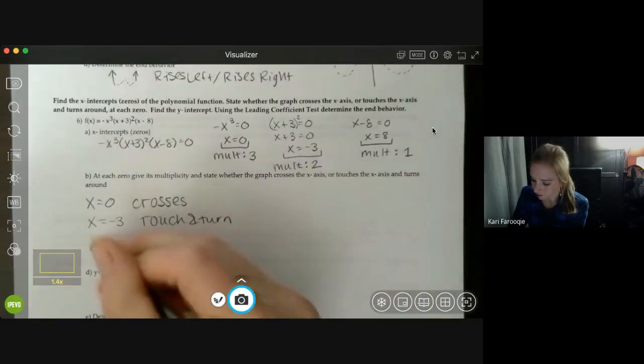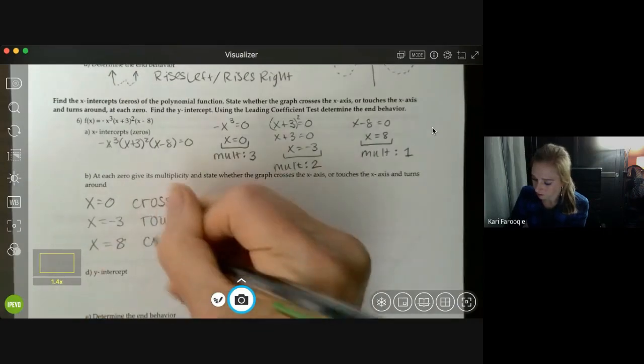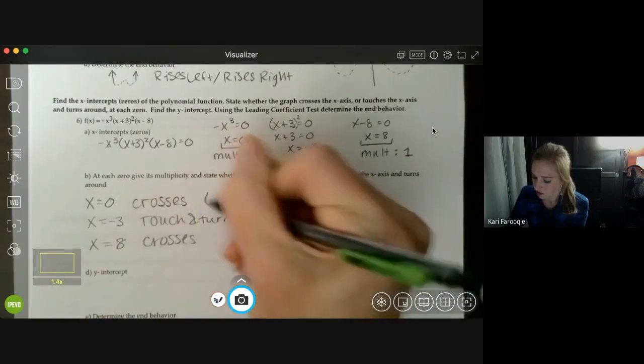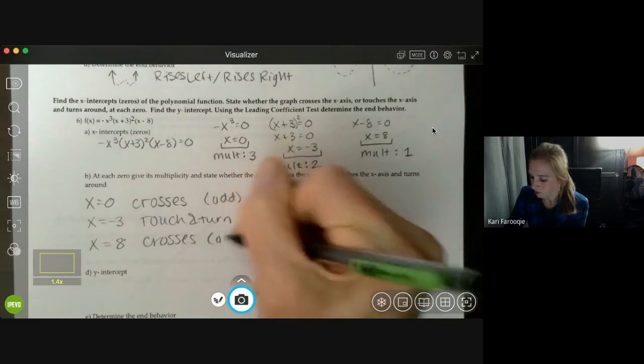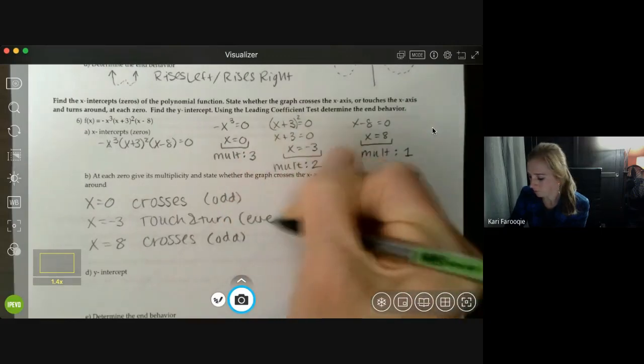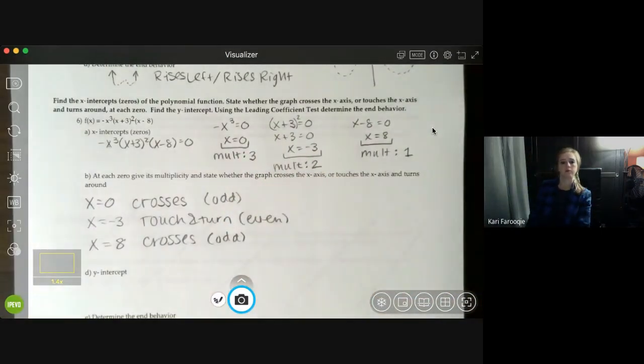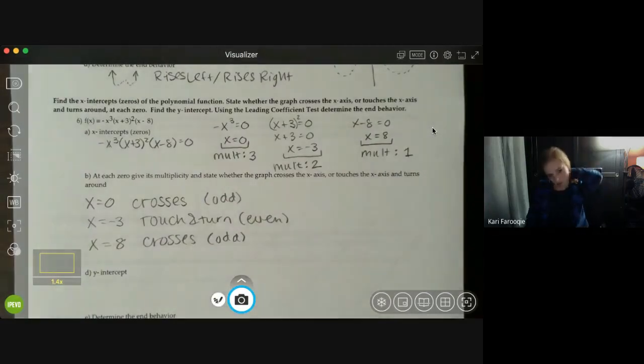And then x equals 8. Multiplicity is odd, crosses. So nothing too crazy here.